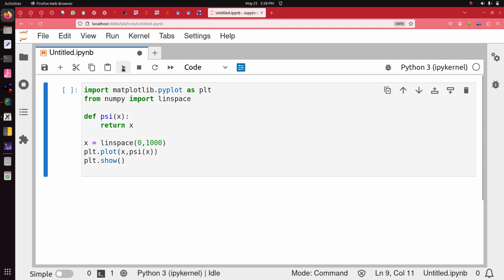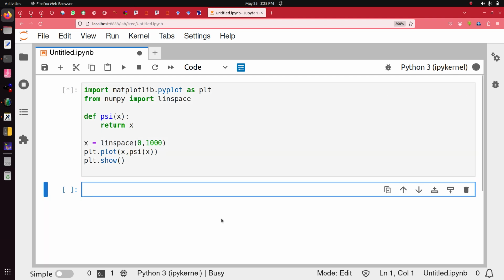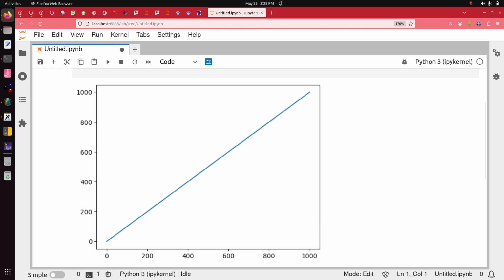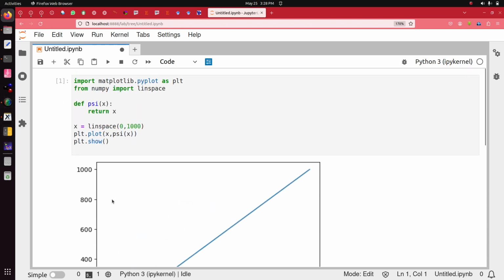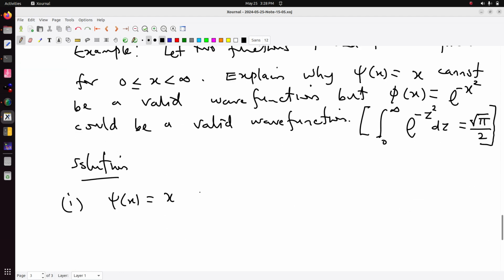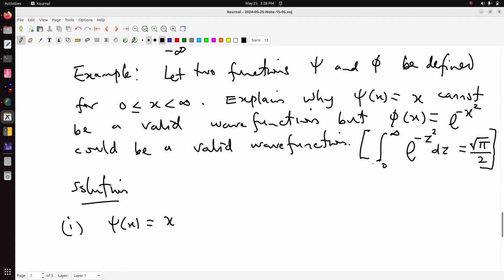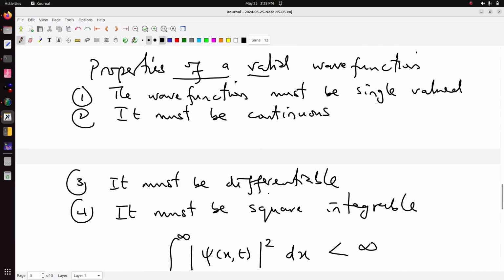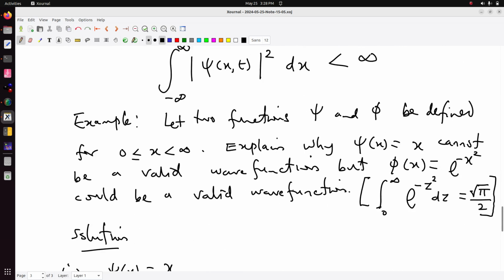If you plot this, we can see that the values are continuous and single valued. This is the horizontal axis, the x values. So psi of x equals x satisfies the first three conditions. It is differentiable. We can differentiate psi of x equals x.